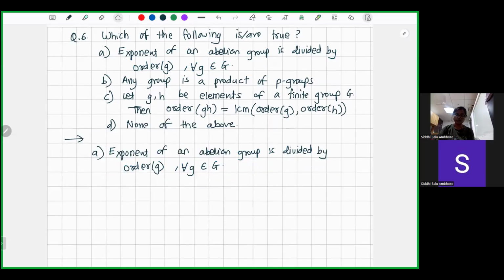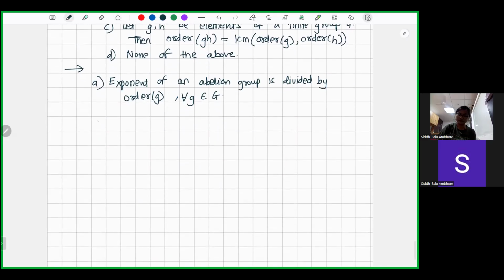So what is the exponent? The exponent of G is the smallest n in N such that g to the power n is the identity for all g.